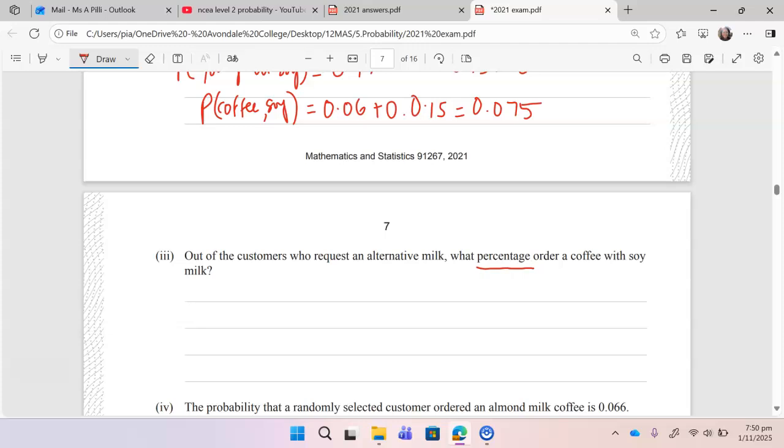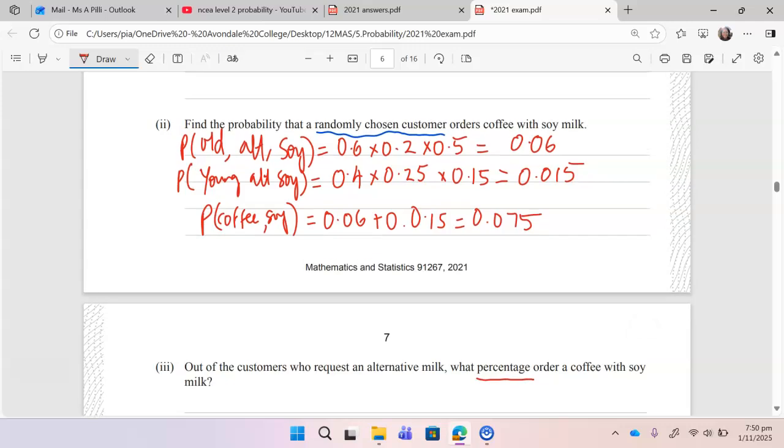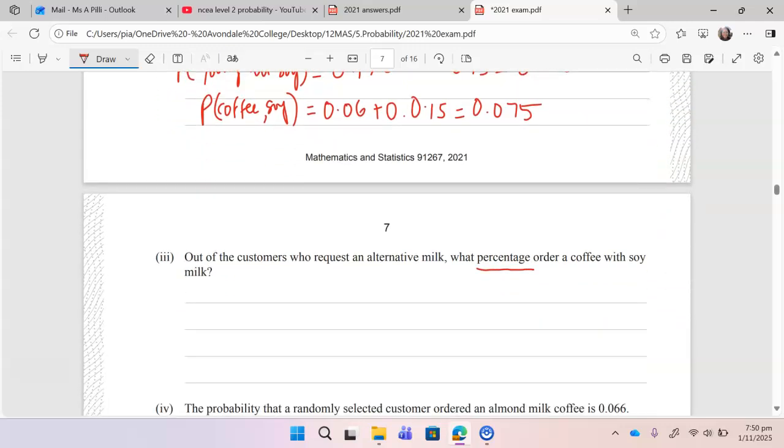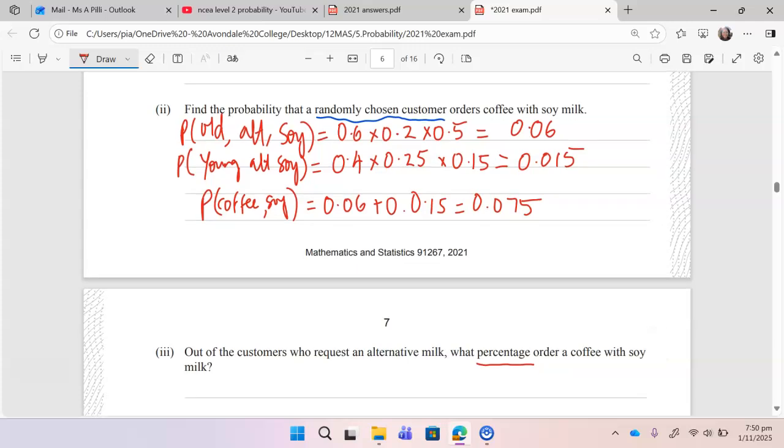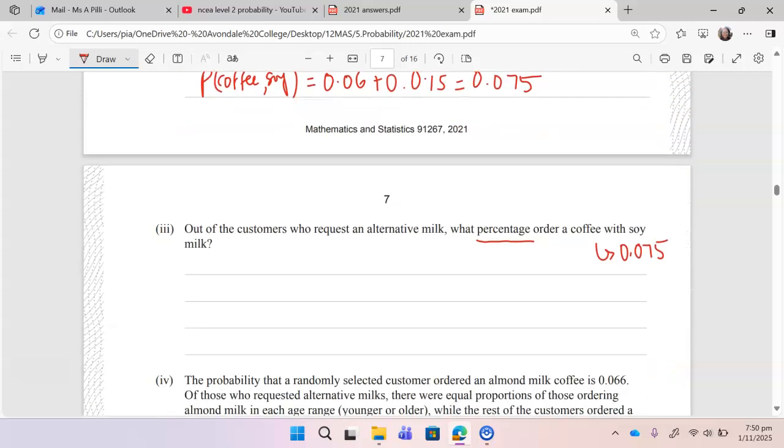what did they want? Out of all the customers who requested an alternate milk, we don't know that, but we do know how many people ordered coffee with soy milk. That's the answer from the previous question, 0.075. So we now need to calculate the proportion of customers who ordered coffee with alternate milk.